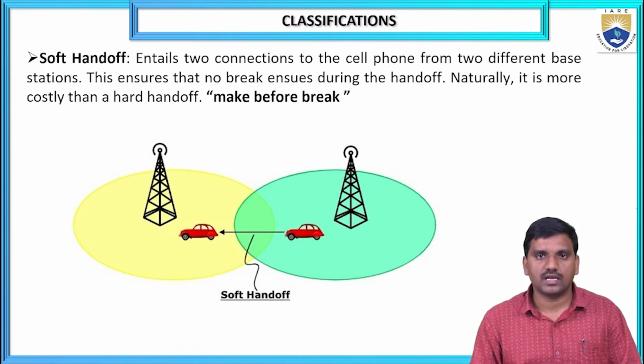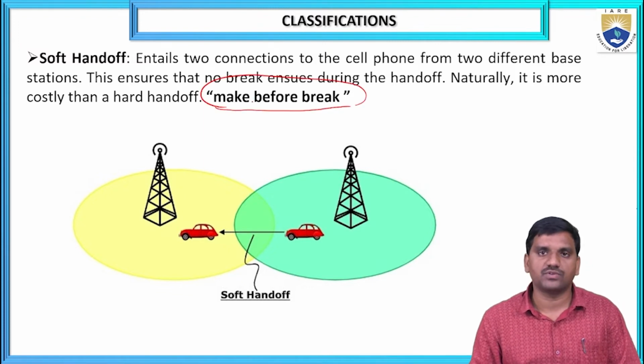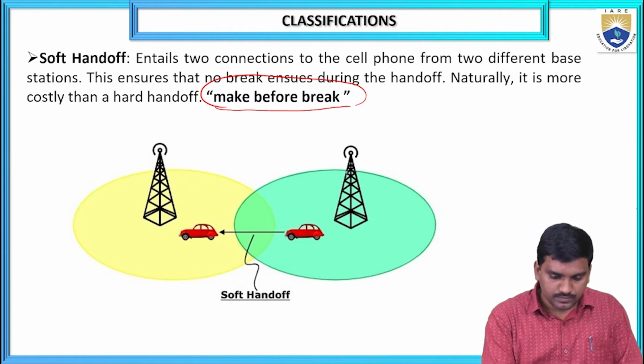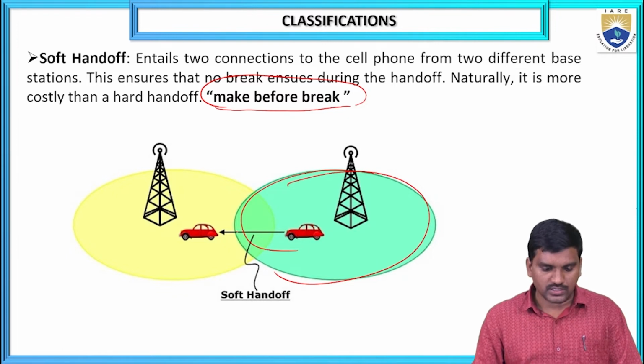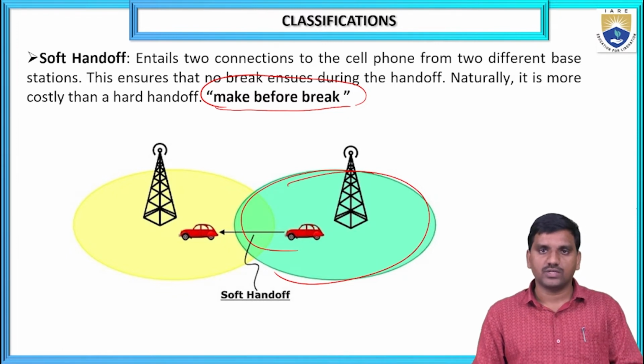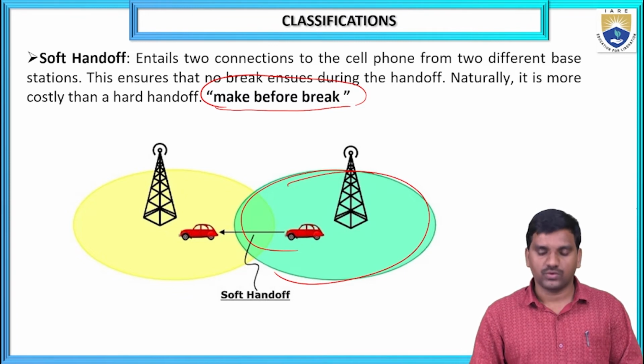So the principle to remember for soft handoff is make before break. Here the connection is already established through the second one, then the first connection will be gone. So this is soft handoff.